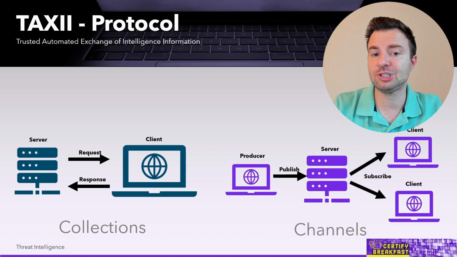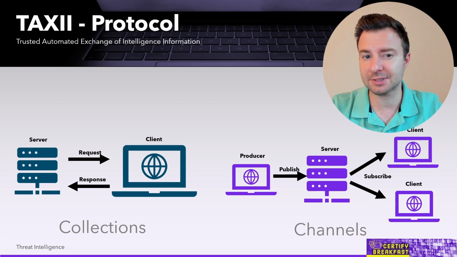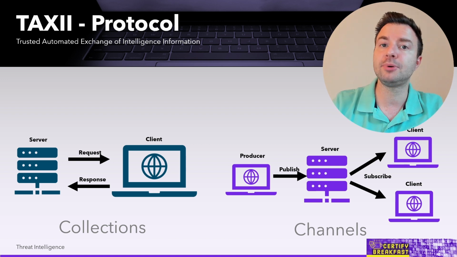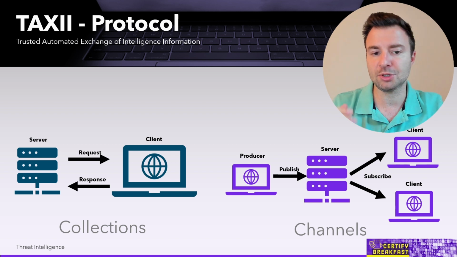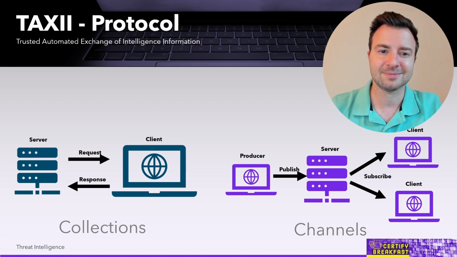Second method is called the channel, where the producer of this information stores it on a server, the clients subscribe to that server, and then the server in turn pushes this information whenever new updates come in to all the subscribers. So make sure you understand the difference between these two. The exam might ask you about this.